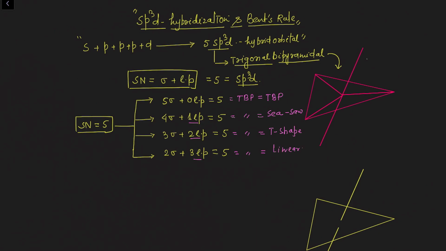But now the question is how to arrange these lone pairs of electrons in this trigonal bipyramidal structure to get the exact shape of the molecule. Second, if a molecule has steric number 5 with 0 lone pairs and has different electronegative atoms, how do we arrange those atoms? Is there any rule to decide the exact position of those atoms of different electronegativity?